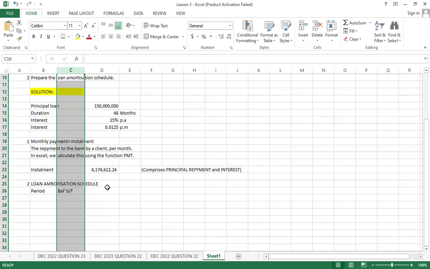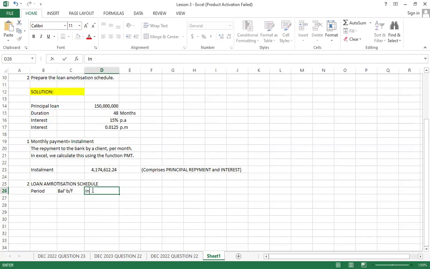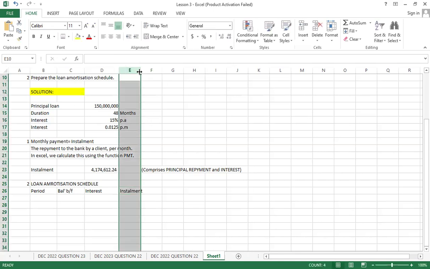All right, sorry about that. So after the brought forward balance, we have interest, the monthly interest amount. And then this is followed by the monthly installment, that monthly repayment. I said we also call it the installment.